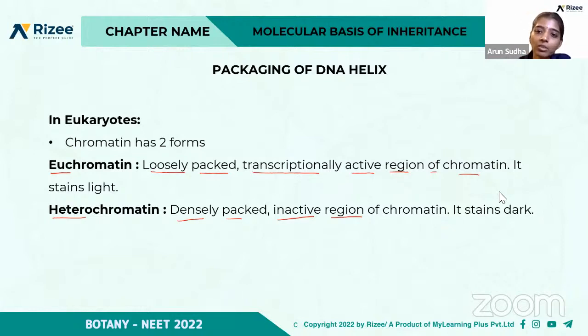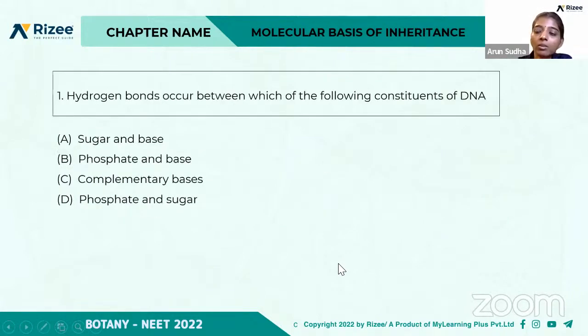Okay, so we'll discuss a few questions. Hydrogen bonds occur between which of the following constituents of DNA? Is it between sugar and base, phosphate and base, complementary bases, or phosphate and sugar? Yes, C is the right answer.